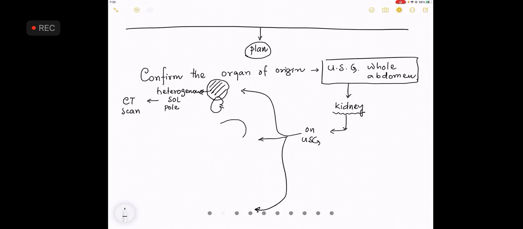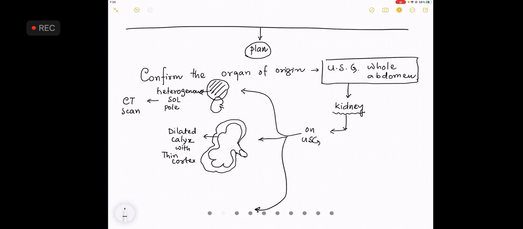If the kidney is enlarged and I can see, what is the picture that I am trying to make? Dilated calyx with thin cortex.